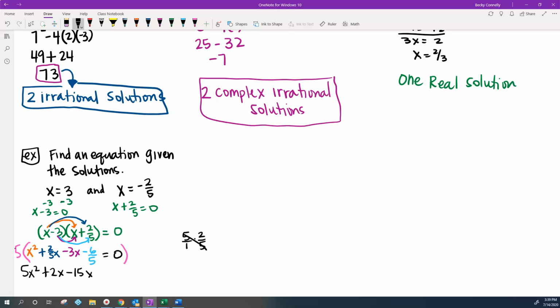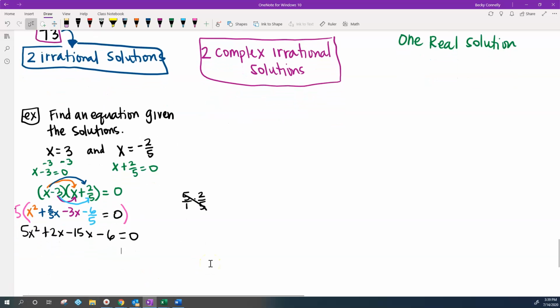The 5's are dividing out, leaving me negative 6. And now I just need to get my like terms together, and I will have my answer. So 5x squared, get my middle terms together, minus 13x minus 6 equals 0. And so that would be my answer.